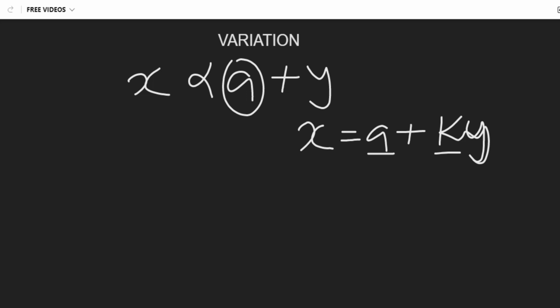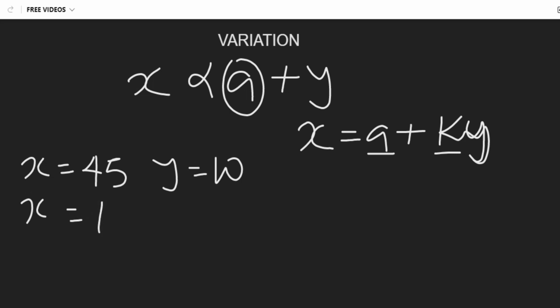Now in that question, we are first given the value that x is equal to 45 when y is equal to 10. We are also given the value that x is equal to 87 when y is equal to 24.